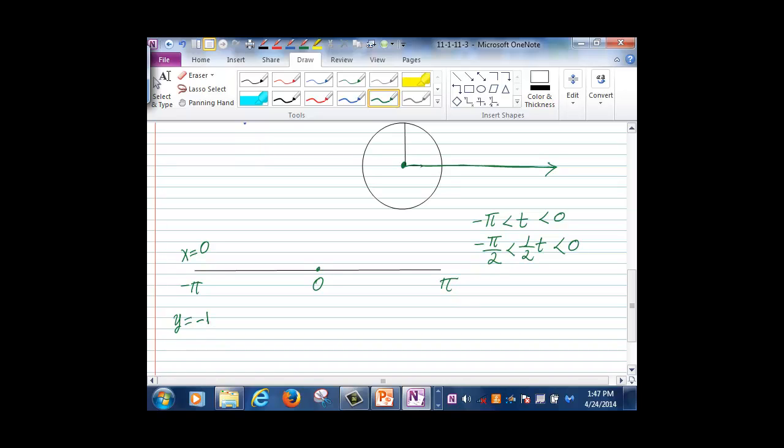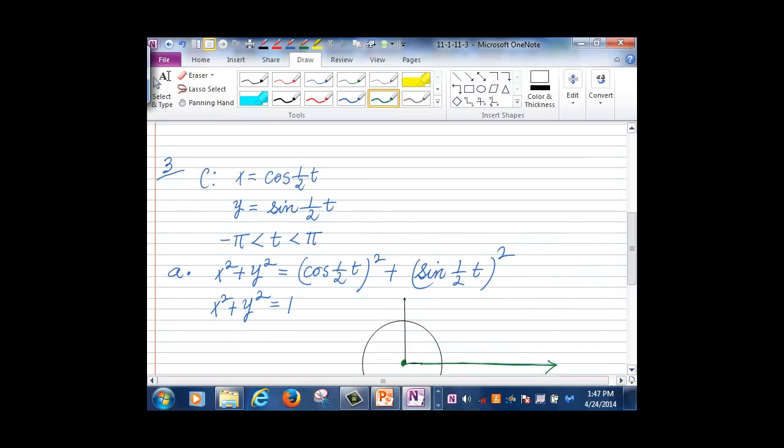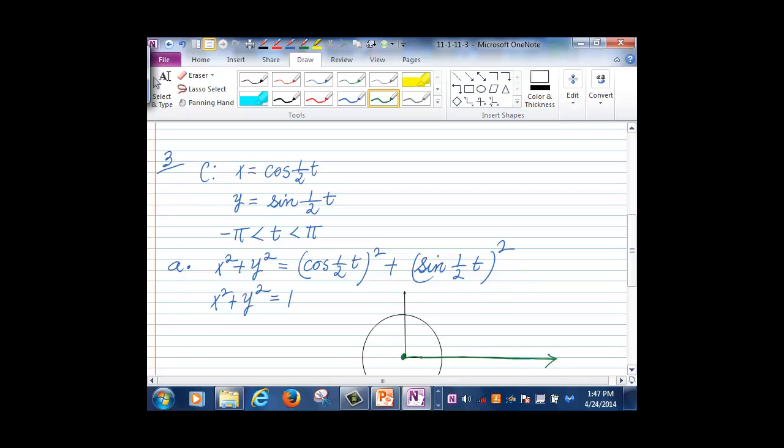As t goes from negative pi to 0, half t goes from negative pi over 2 to 0, which means half t is in the fourth quadrant, and in that quadrant cosine of half t is increasing.